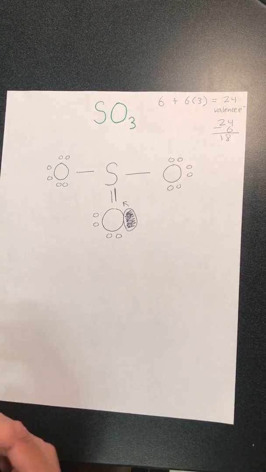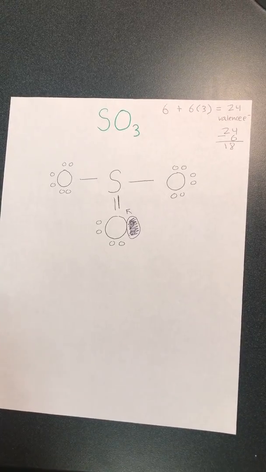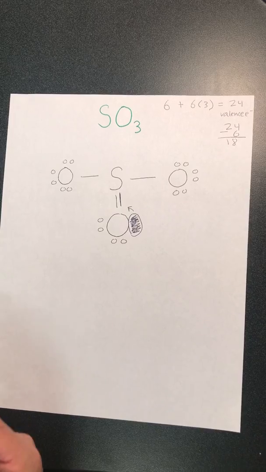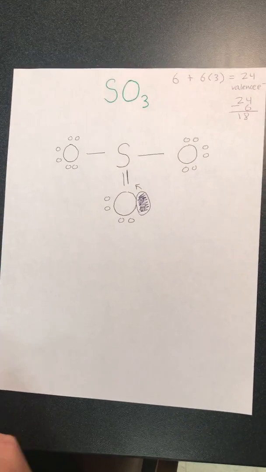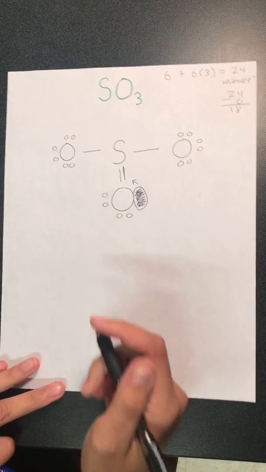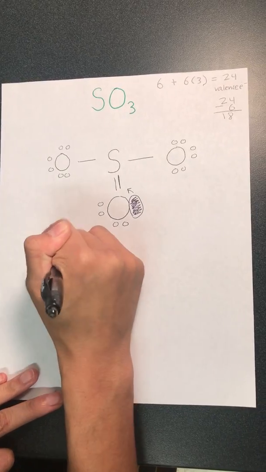So now that we have our Lewis dot structure, we can look at the partial charges and the bond dipoles. And so in order to figure out the partial charges, we have to look at the electronegativity values. So we have sulfur and oxygen.